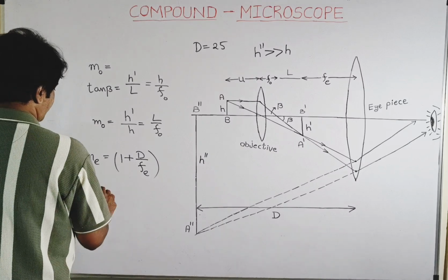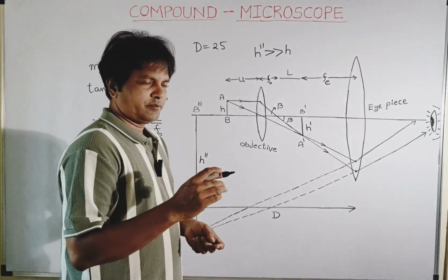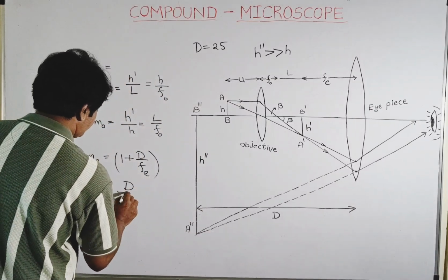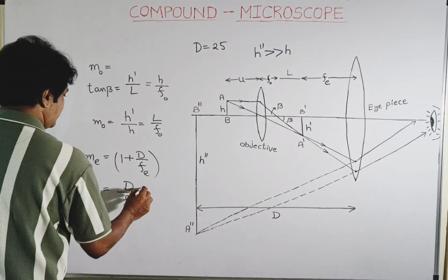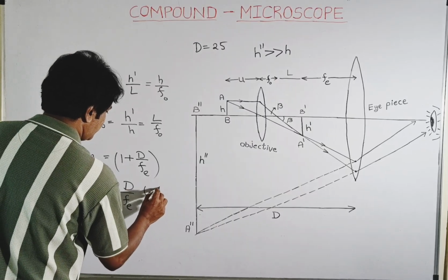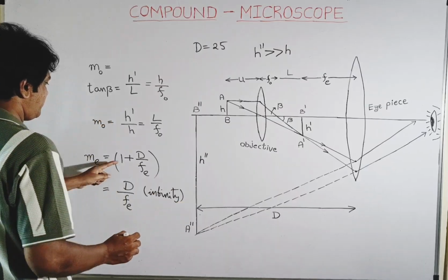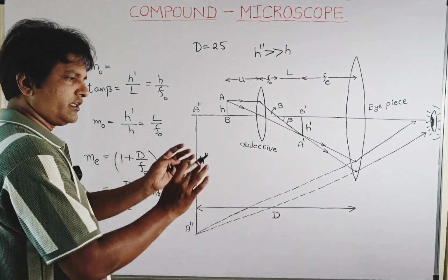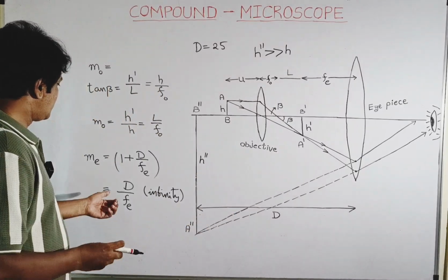When the image is formed at infinity, this equation will become D by Fe. How this became 1 plus D by Fe to D by Fe, we have already discussed in my previous video, simple microscope.